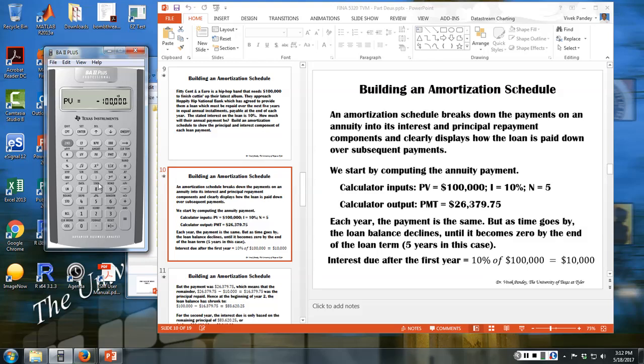Negative 100,000 is present value, and then 10 is I by Y, and 5 is the number of payments, right? Then compute payment, and the annual payment is 26,379.748 or .75.